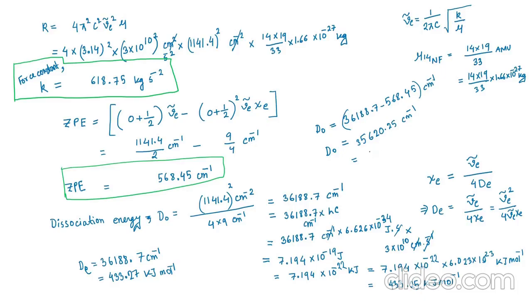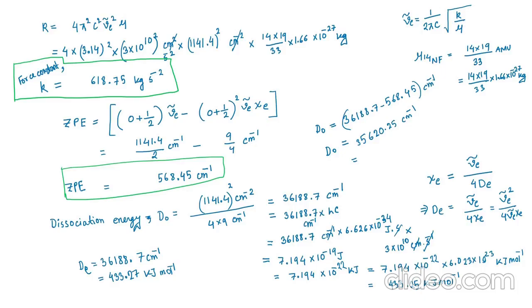So I will go back. This 35620.25 into 6.626 into 10 to the power minus 34.